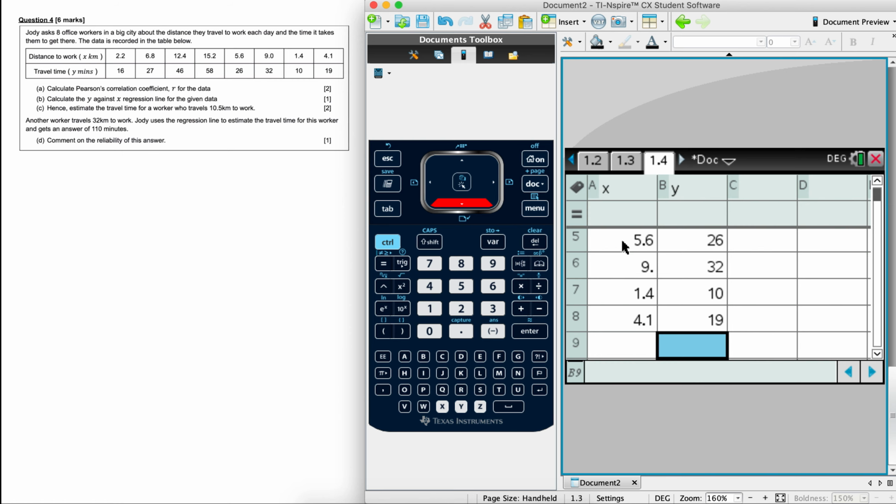So that's the data filled out, and I need to find the Pearson's correlation coefficient R.